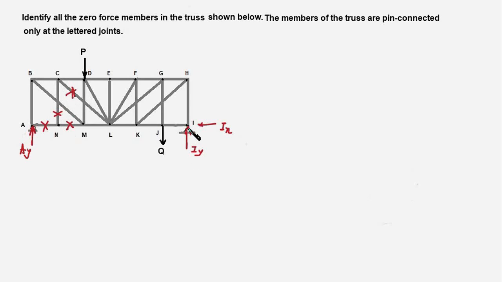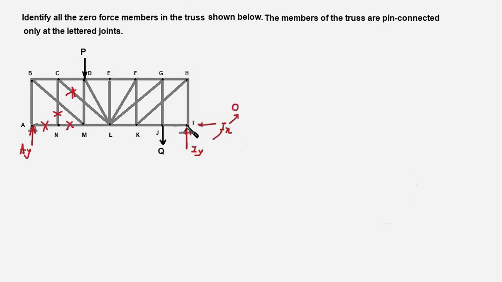Let's take a look at pin I. Here we had a pin support, therefore we replace that with two forces, IY and IX. But we notice that there are no horizontal forces on the entire truss. Therefore, IX would be 0.